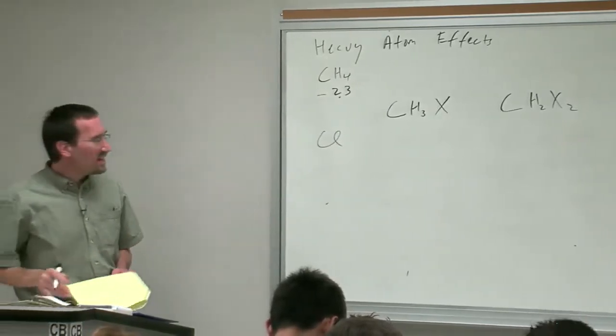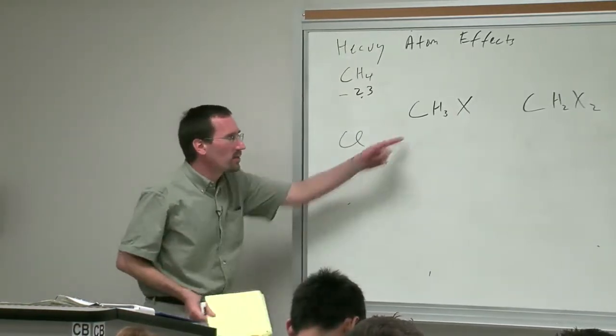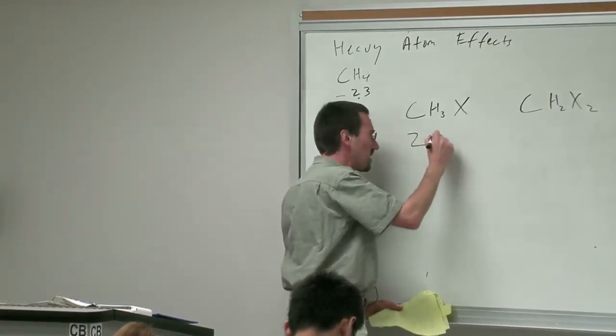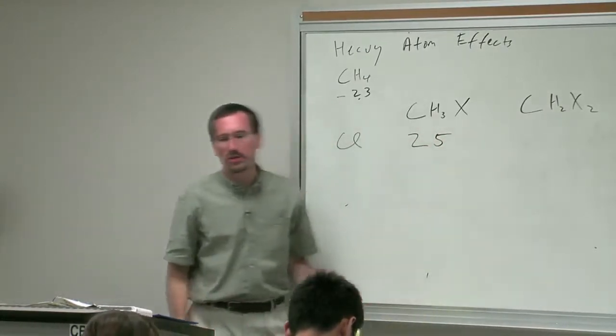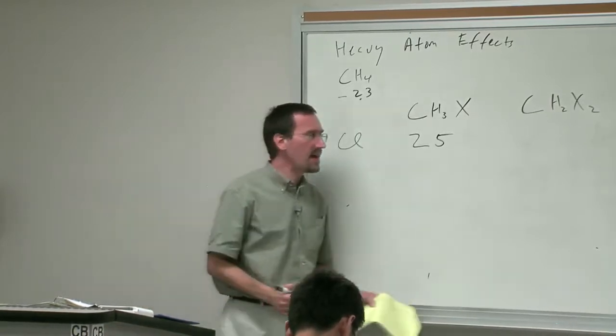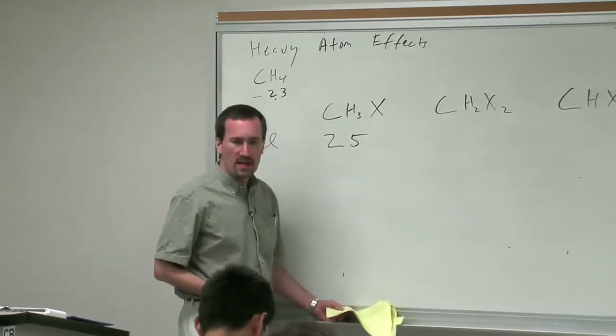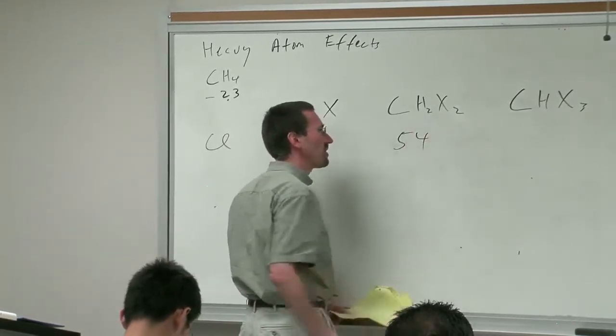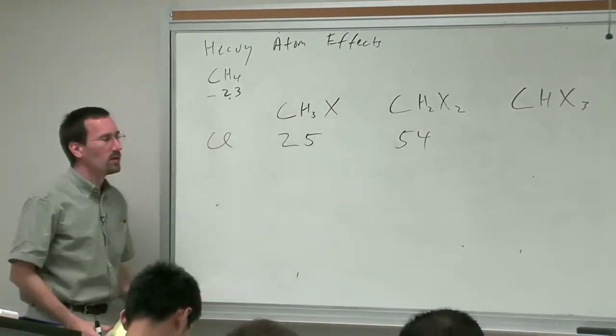And so no great surprises here. You put a chlorine onto methane, you get chloromethane, and you go downfield. It's 25 ppm. You add another chlorine, you go further downfield, it's 54 ppm.